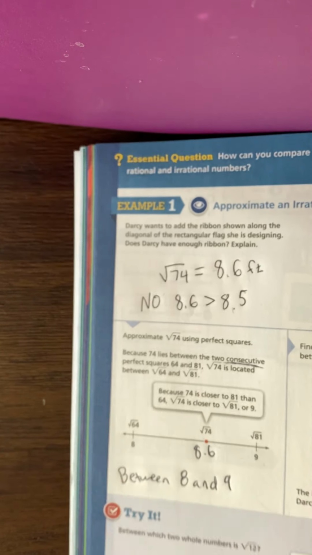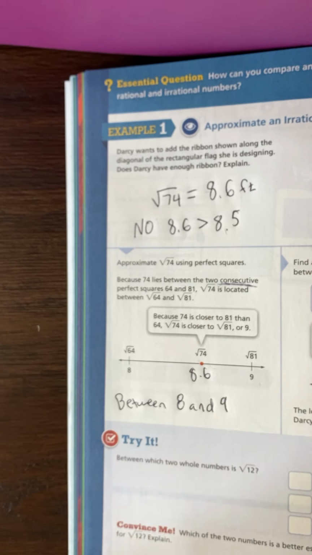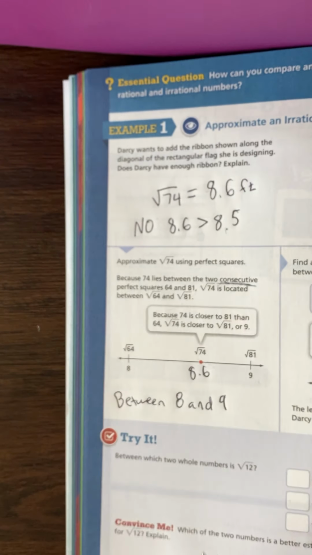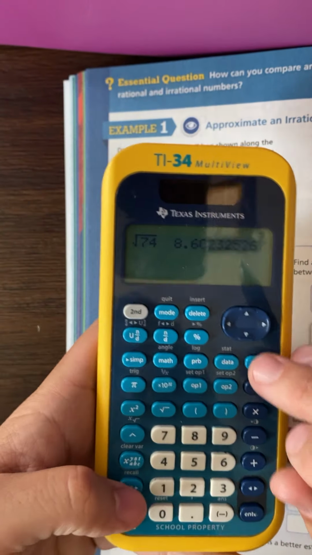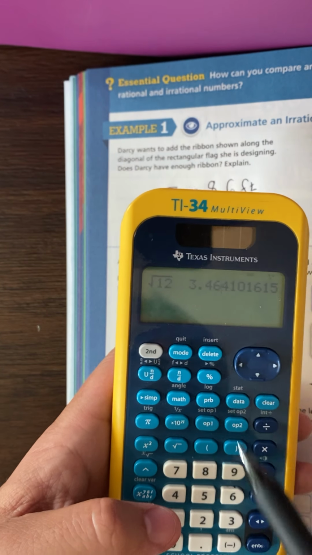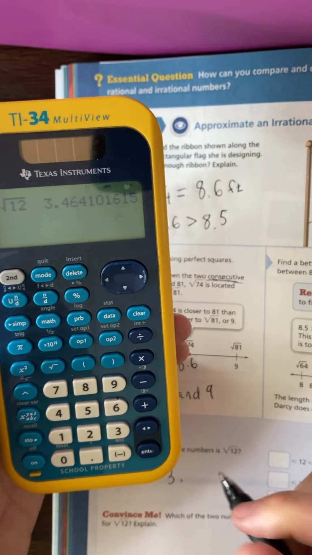All right, looking down here at the try it. Try to fix it. It says between which two whole numbers is the square root of 12? So we just put that in our calculator, the square root of 12. It comes out to 3.46. And we could round that.